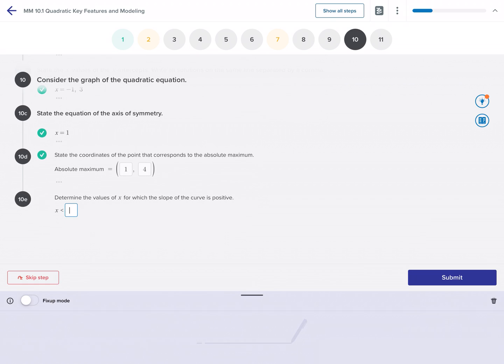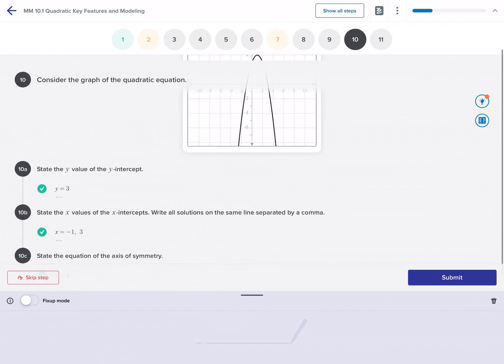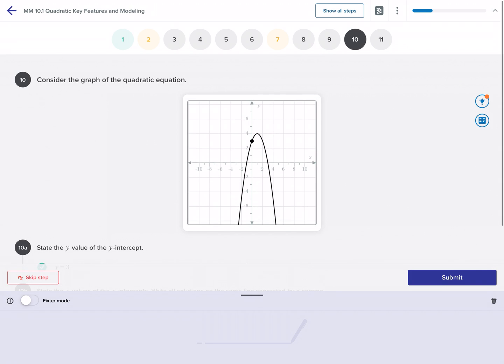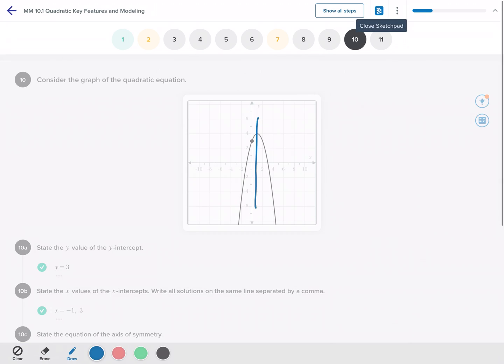And then probably the last one, hopefully. Determine the values of x where the slope of the curve is positive. So it's positive, let's write on here. So the slope is positive anywhere this direction. So this is positive, this is positive, this is positive, positive.